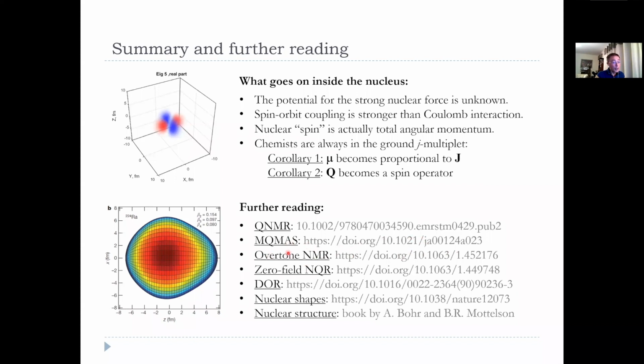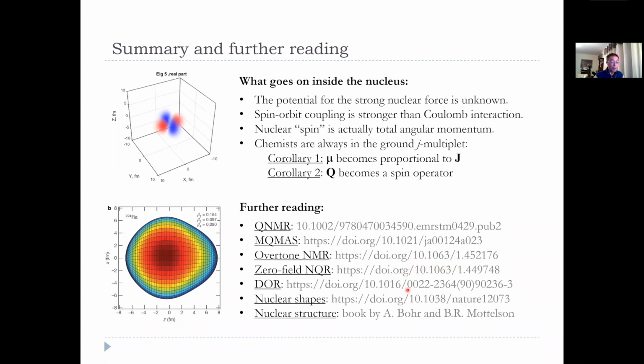And in quadrupolar NMR, you can have overtone transitions, so you can skip a level. And that is the original paper, I think, on the subject. Nuclear quadrupole coupling is strong enough to compete with Zeeman interaction, and so you can do it in the absence of the magnet. This, I think, is a paper from Dima Budker's group on the subject.